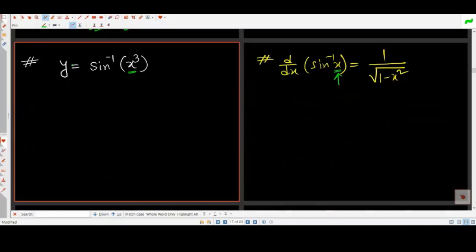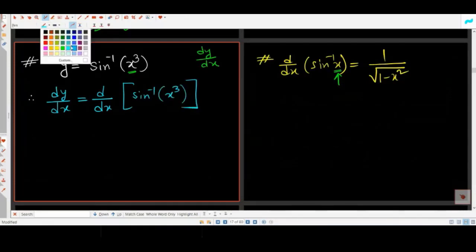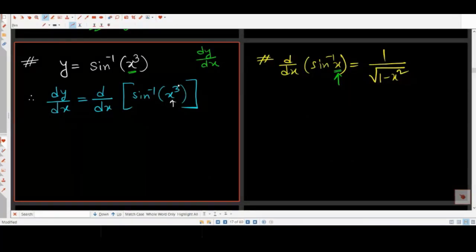For finding the derivative of this function, we have to find dy/dx. That means dy/dx equals d/dx of inverse sine of x cubed. We can see that the derivative of inverse sine of x is equal to 1 over square root of 1 minus x squared, but here we have x cubed.